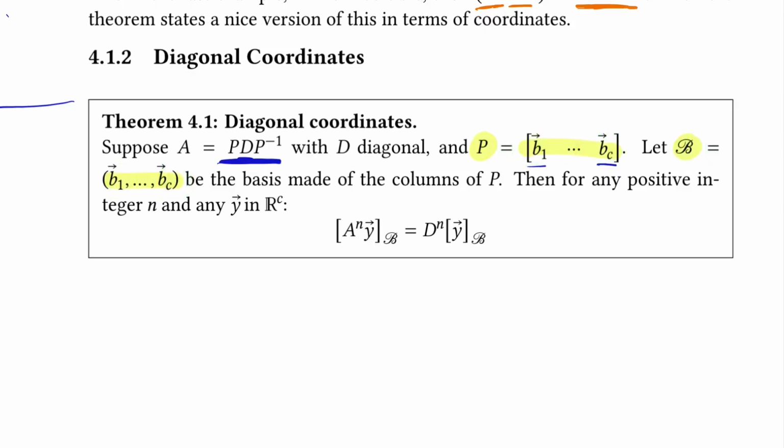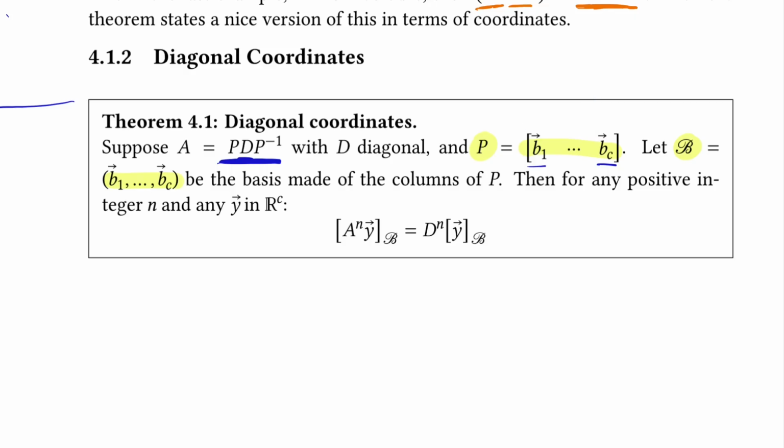It's just that we're thinking of B as a list of vectors that is in fact a basis. And it's a basis because you could think of the buy two get one free theorem that says we have the right number of vectors to make a basis of RC, and the columns of an invertible matrix are always linearly independent. So there's a lot of ways you can see that that's a basis.